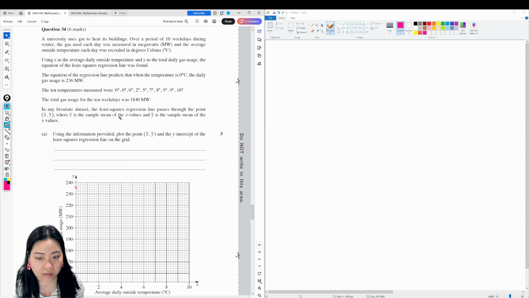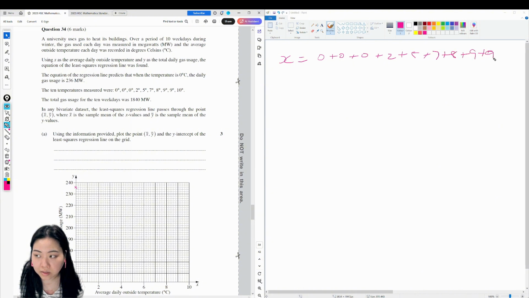In any bivariate dataset, the least squares regression line passes through the point mean of X and mean of Y. Using the information provided, plot mean X and mean Y and the y-intercept. Oh, we've got the y-intercept already. Now we need to find the average temperature and the average daily gas usage. Let's start with X: 0 plus 0 plus 0 plus 2 plus 5 plus 7 plus 8 plus 9 plus 9 plus 10 all over 10.